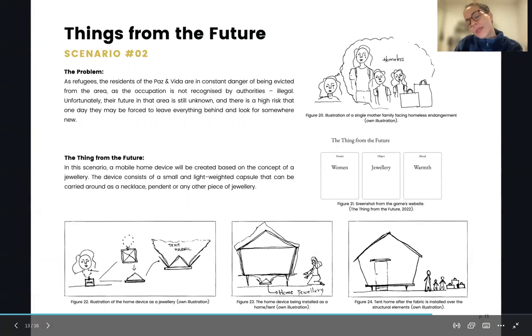And what if they had a jewelry tent, a temporary home that they could carry with themselves in a pendant or a very easy to carry kind of jewelry, which could be taken anywhere, so they would have some kind of warmth or a place to stay, even if they found themselves in a very hard situation of being homeless.